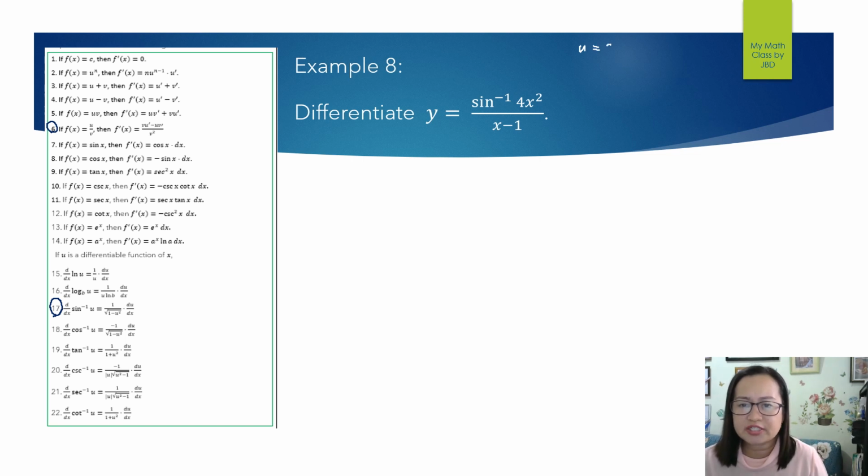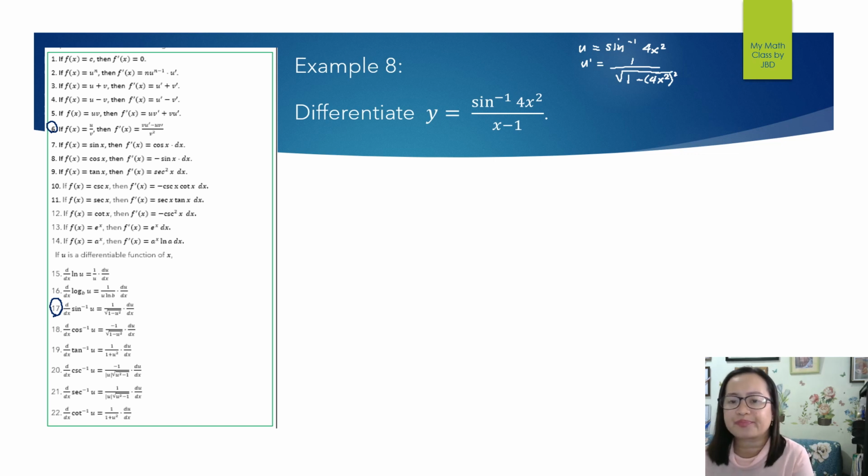So our u is inverse sine of 4x squared. So the derivative of the inverse sine of 4x squared, following rule 17, we will have u prime equal to 1 over the square root of 1 minus 4x squared raised to the second power, times the derivative of 4x squared, that would be 8x.